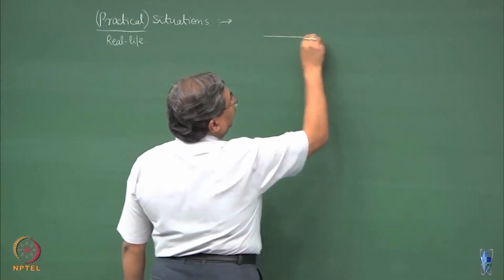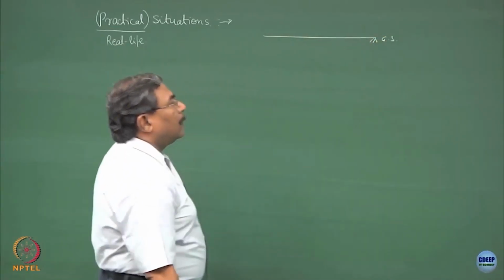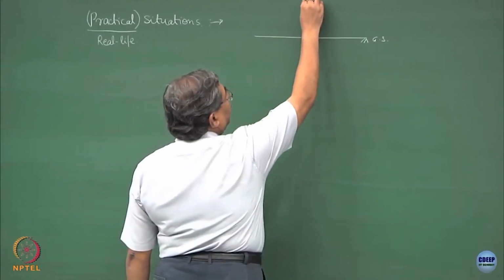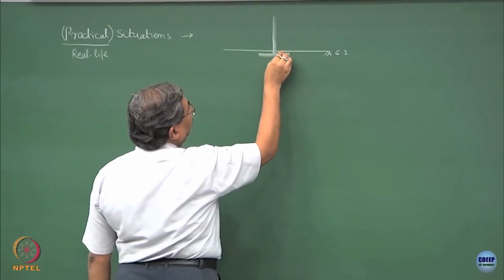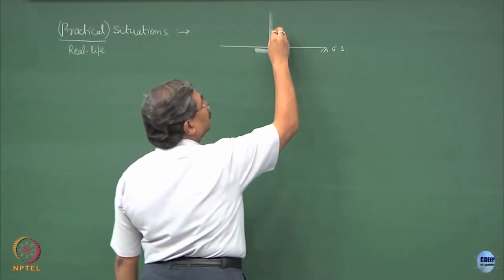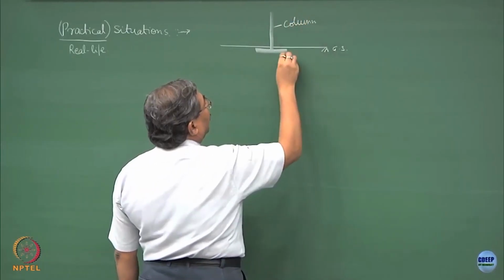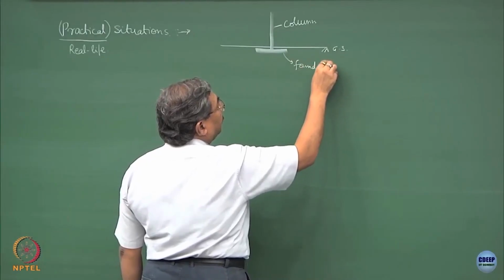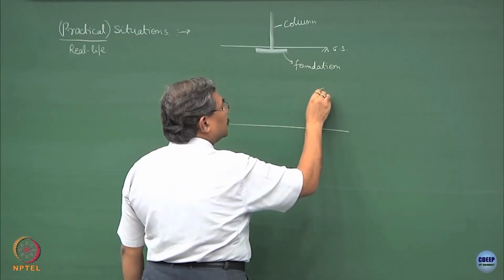Say I have the ground surface and somewhere here there is a footing which is being placed. So this is the column and this is the foundation, and this happens to be the soil mass.